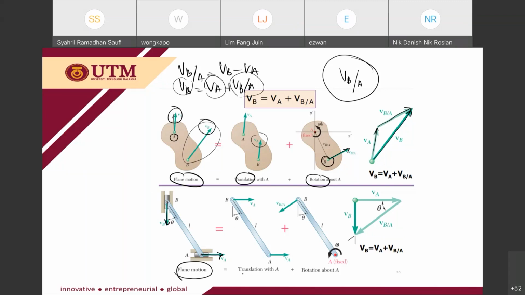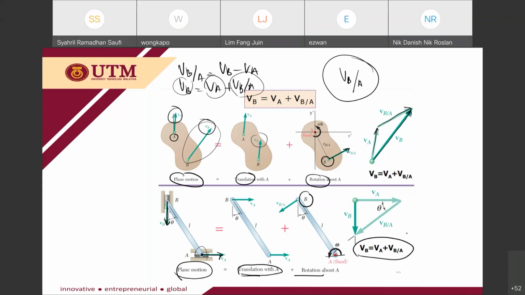If you choose translation with A, that means point B tends to move like velocity A. At the same time, point B here is moving downward, so it will cause a rotation about point A. So since we fix point A, this point B is rotating with respect to point A, VB/A. Plane motion equals translation plus rotation. Then you can get this kind of analysis.